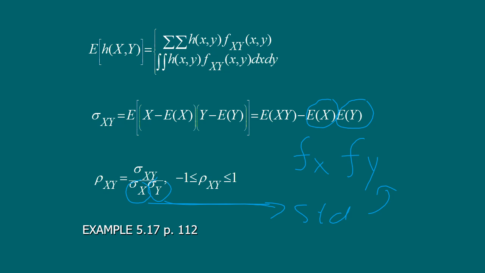Then the expected value of xy is the integral over x over y of xy times the joint density.